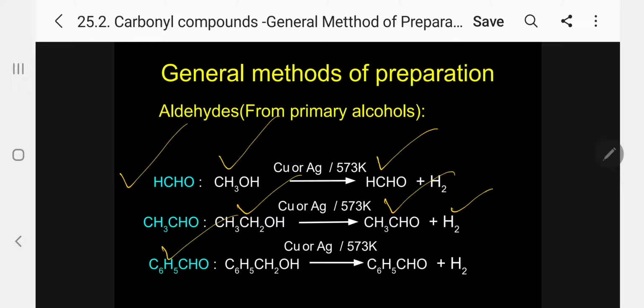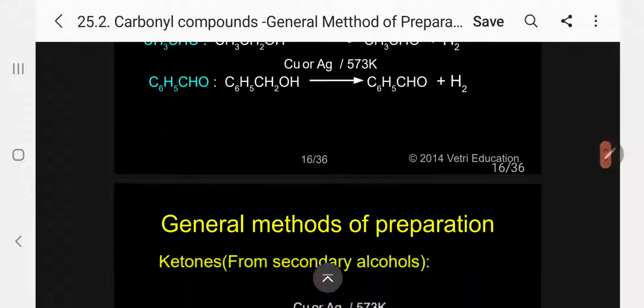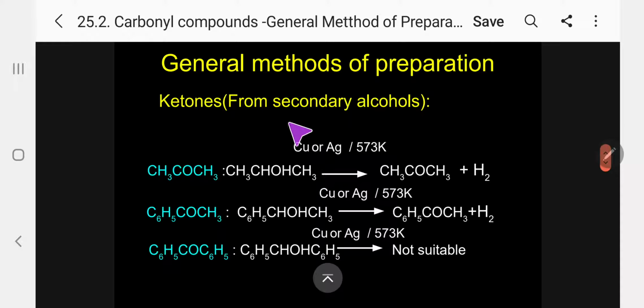To prepare benzaldehyde, you take the corresponding benzyl alcohol and again pass vapors over heated copper or silver catalyst, 573 Kelvin, giving benzaldehyde and hydrogen. Now coming to ketones, kindly follow. If I want to prepare acetone, the corresponding alcohol is 2-propanol.